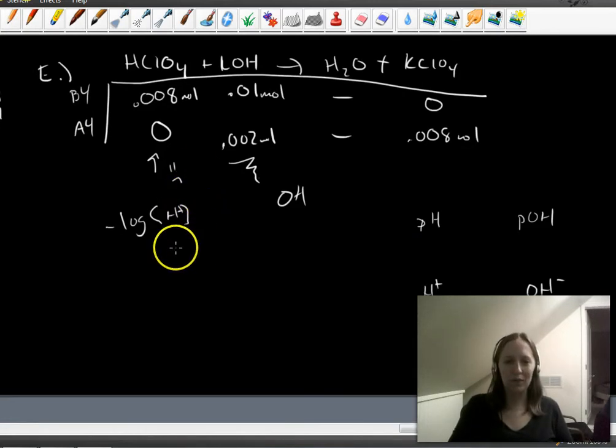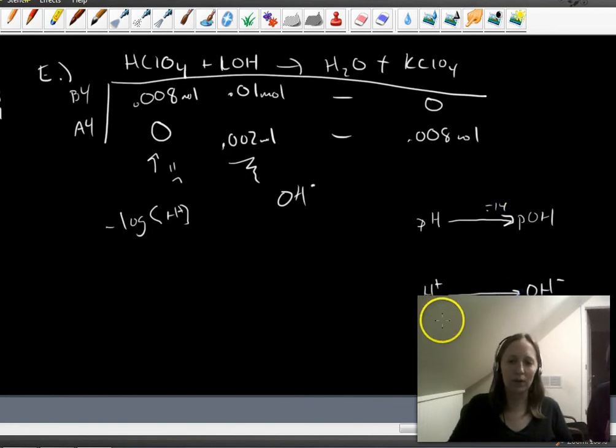Now, more math. We don't have a relevant H plus concentration, but what we do have is an OH minus concentration. And if you remember the square, you can get from pH to pOH because added together they equal 14. Because this is in aqueous solution, H plus times OH minus equals 1e to the negative 14.